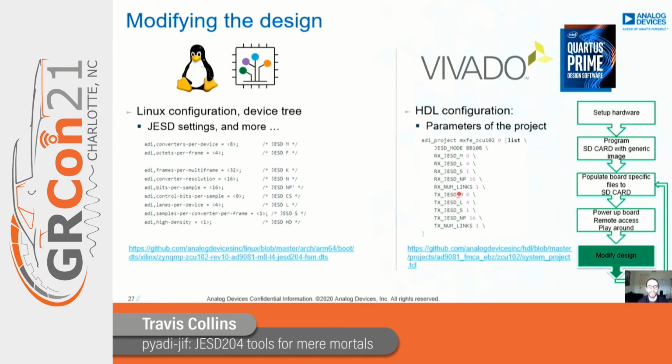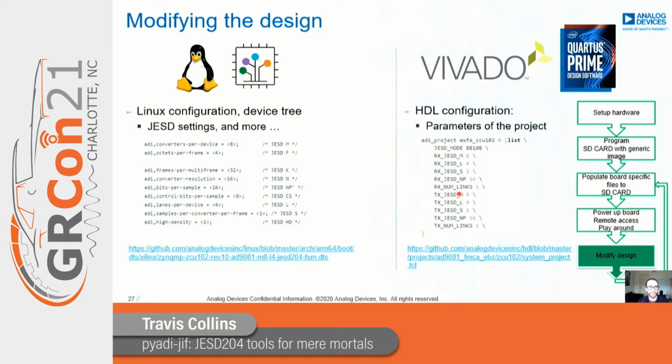And then on the HDL side, we're configuring things like the transceivers that are inside the FPGA. We're configuring the number of links that the cores will create during synthesis time. And this all needs to be done by the user, and these components need to be able to match one another. So there's a lot of complexity that's involved when doing this.